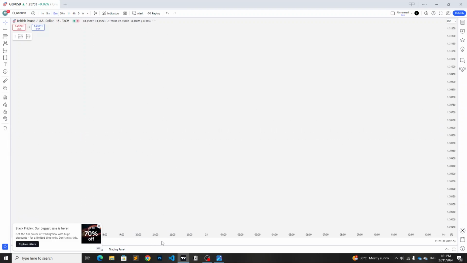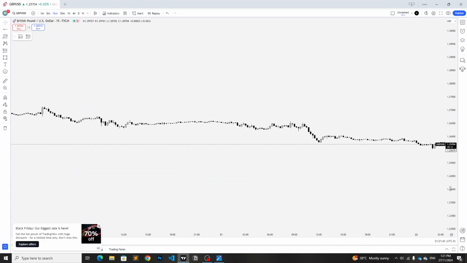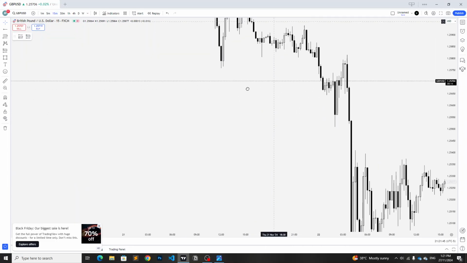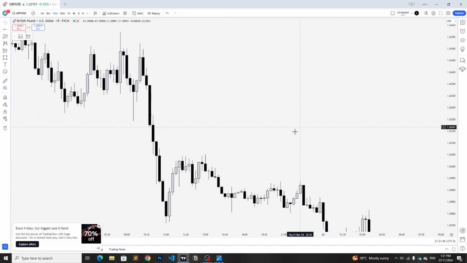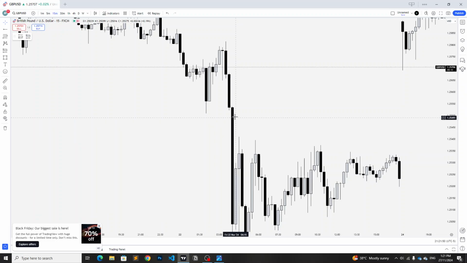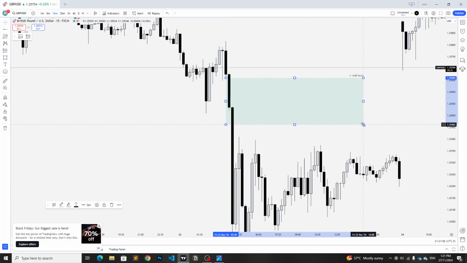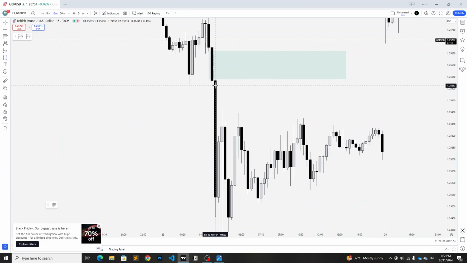It's in every chart possible. So let's say on the 5 minute. See, that's one fair value gap. Sorry, that one doesn't get hit.